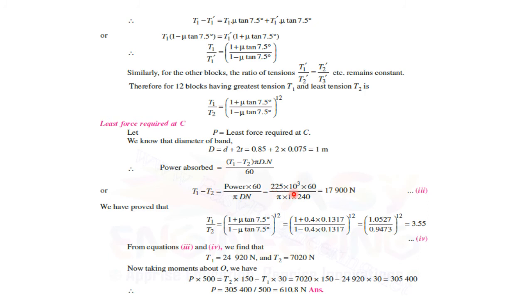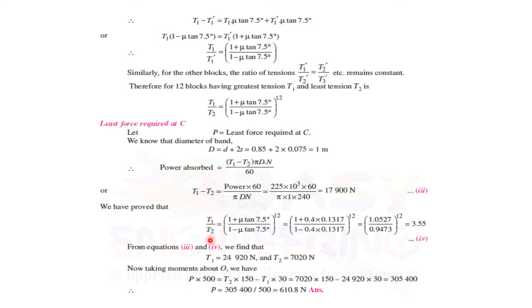Power is equal to 225 multiplied 10 to the power of 3, multiply 60, pi, d is equal to 1 meter, and N rpm is equal to 240. That is the rounds per minute. Therefore 60 comes here in the numerator. That value T1 minus T2 will be 17900 Newton.